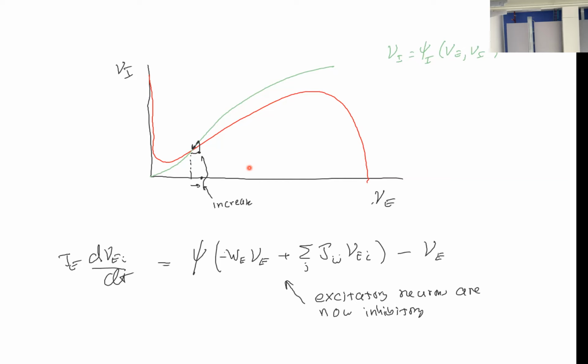If this term was zero, there's some equilibrium firing rate that sits right here. An increase in firing rate will push back. So this makes things very, very stable. And if you remember correctly, that was part of our analysis. Since if tau I is small, everything is very stable.